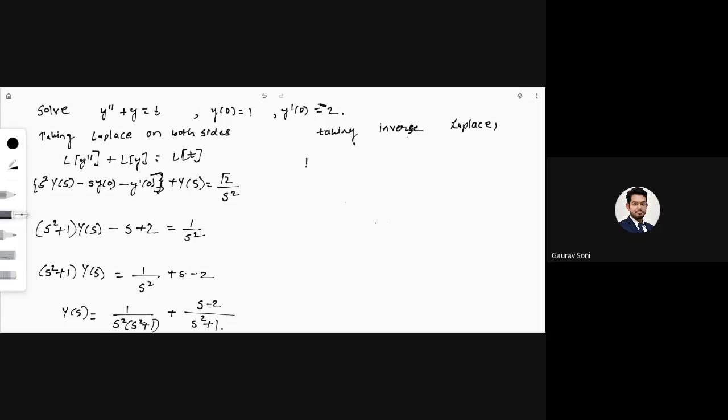So Laplace inverse of capital Y of S is equal to Laplace inverse of 1 upon S square plus 1 plus Laplace inverse of S minus 2 upon S square plus 1.